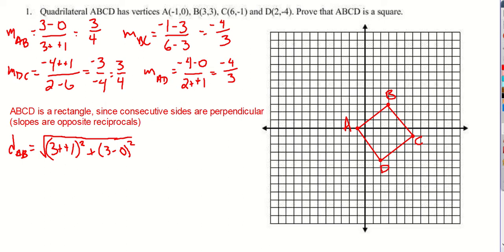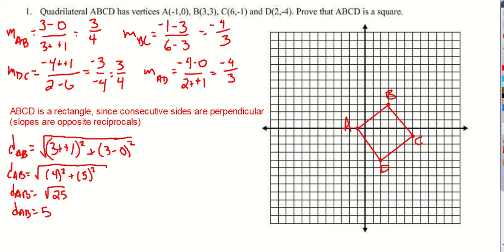The distance of AB turns into 4 squared plus 3 squared. We do the math here, that's 25, and so this becomes 5.